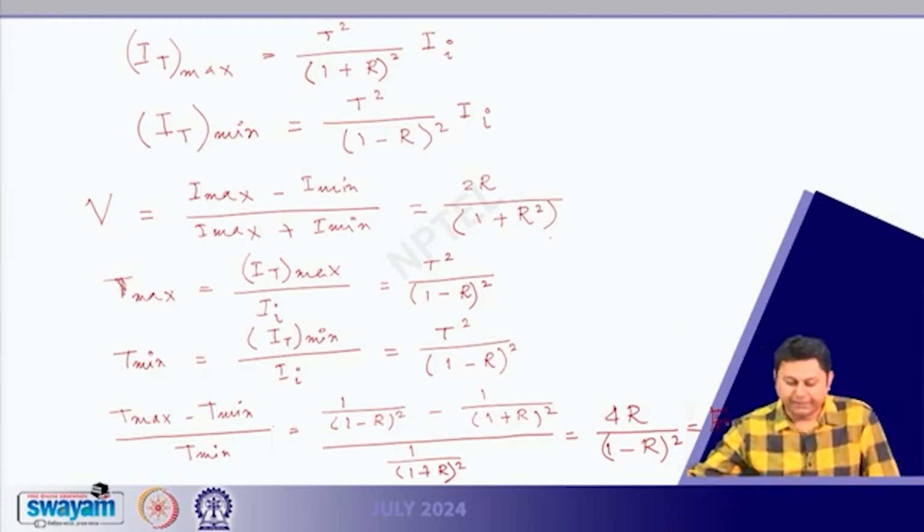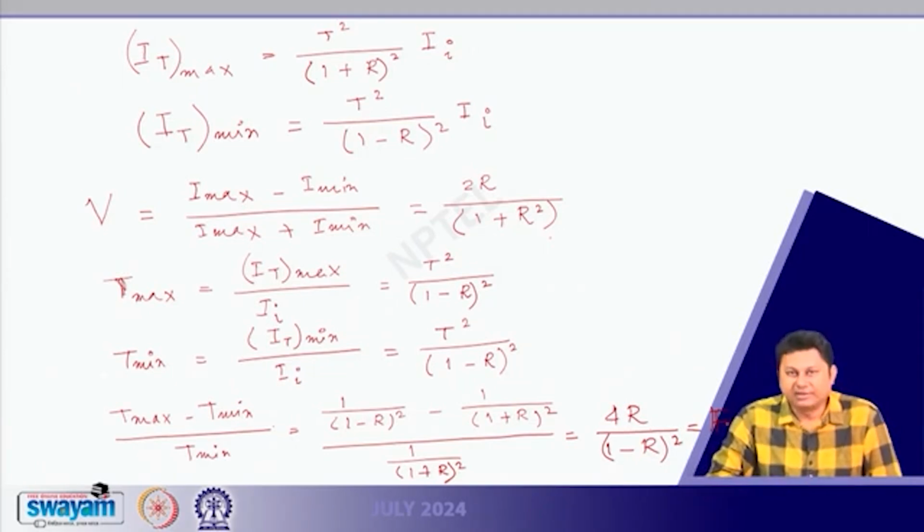So, in this way, today I do not have much time. What we find is that the Fabry-Perot interferometer works on the principle of multiple beam interference, and we already calculated, when multiple beam interference is there, what the amplitude or intensity is for the transmitted ray and for the reflected ray, and these intensities depend on the path difference.